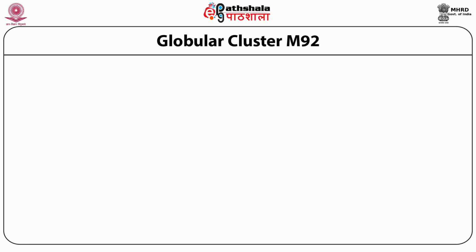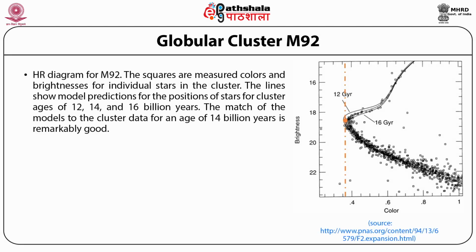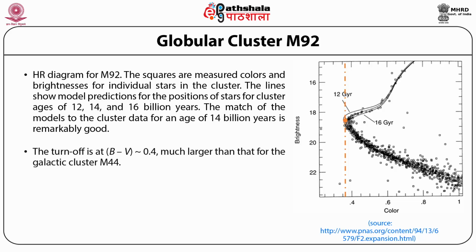Globular Cluster M92. This figure shows the color magnitude diagram of Globular Cluster M92. The squares are measured colors and brightness for individual stars in the cluster. Here the turn-off is at B minus V approximately 0.4, much larger than that for the Galactic cluster M44.